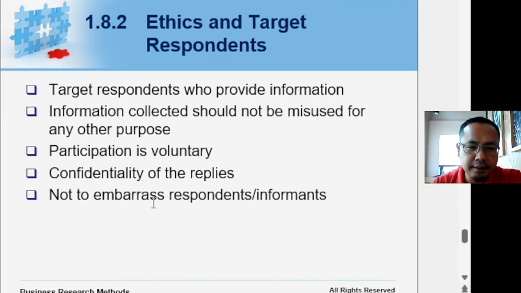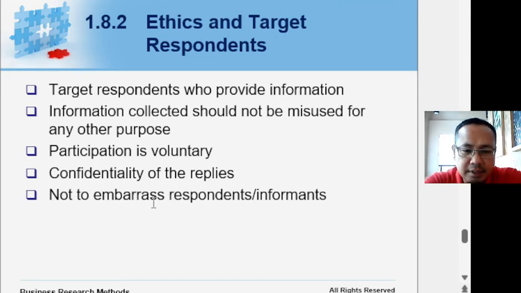Now, ethics and target respondents. The target respondent who provides the information is, in normal research, what we call a respondent or sample. The information collected should not be misused for any other purpose.